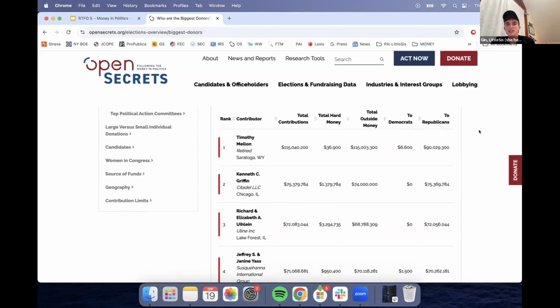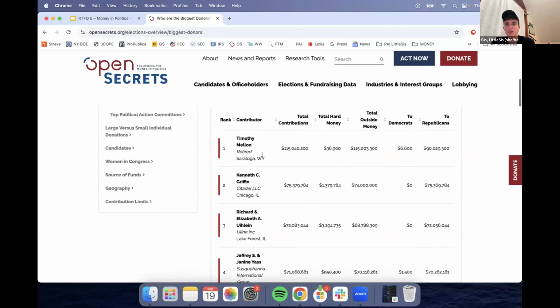But what we see here is the name of the contributor. Timothy Mellon has the esteem of being the biggest contributor in the 2024 election cycle thus far. Total contributions, $115 million. Total hard money, so again, of that money, 36,000 is what's considered hard money.